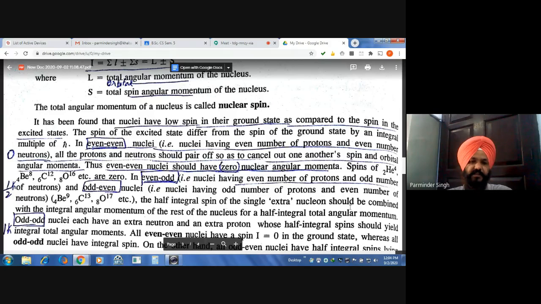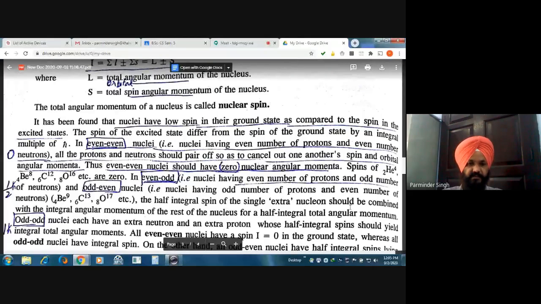Examples are 4Be9 and 6C13, which are isotopes of beryllium and carbon, and 8O17, an isotope of oxygen in which the total mass number is 17. So we can easily see that one number is even and one number is odd. Like in oxygen, 8 is even and 17 is odd.